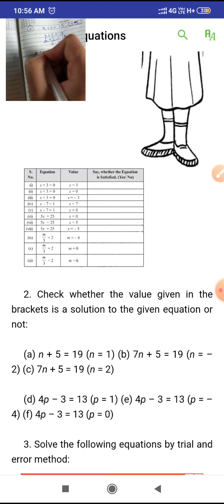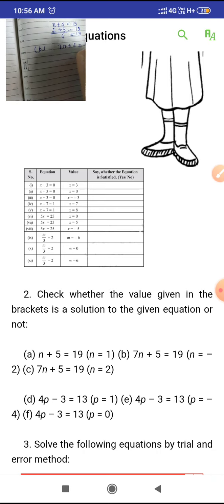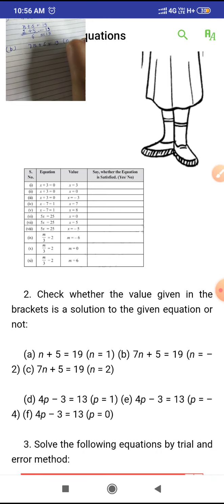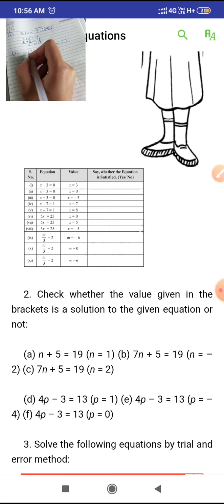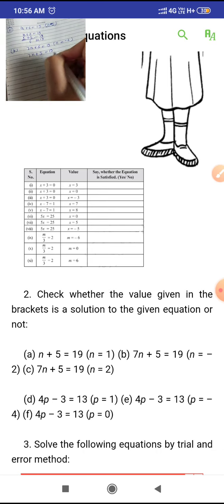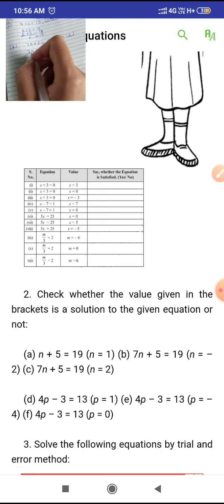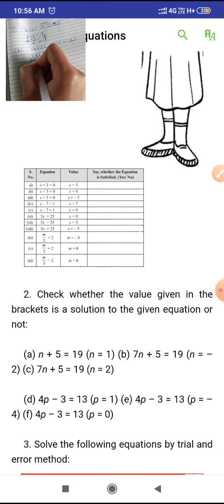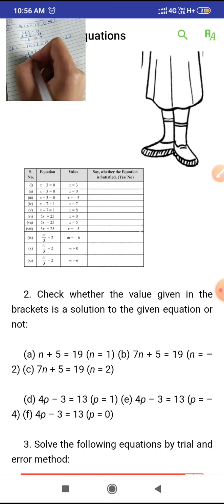Next part is 7n plus 5 is equal to 19 and the value of n is equal to minus 2. In this question, first we write our equation and then we put minus 2 in place of n. So we have 7 multiplied by minus 2 plus 5 is equal to 19.